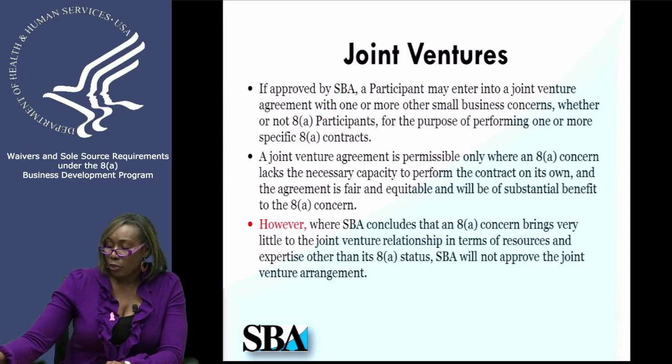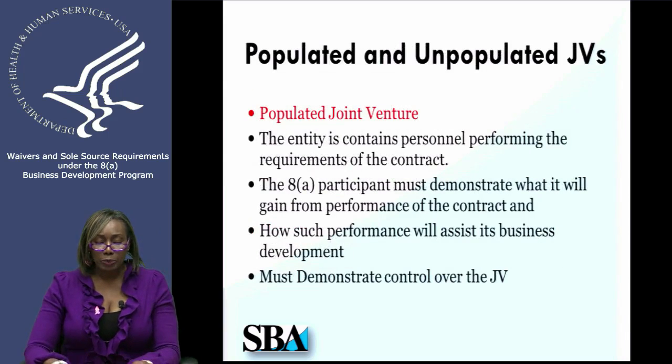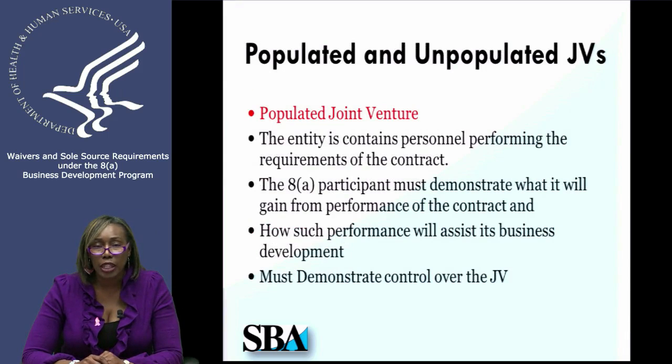Remember that when we see 2 firms come together, the 8A firm is actually lacking something within that procurement, and it's not there just because they're 8A and a larger firm or another small business wants to compete in the 8A community for work.